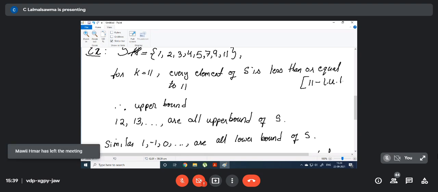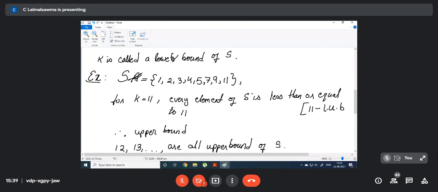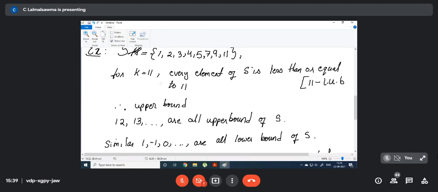Sometimes they just write it LUB. 11 is LUB. Similarly, in lower bound, here it has lower bounds 1, minus 1, 0. Among the lower bounds, 1 is the largest. So it has a greatest lower bound. So 1 is the greatest lower bound or infimum.